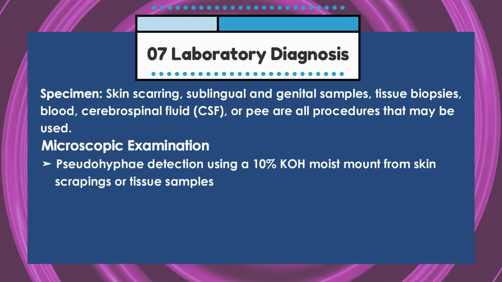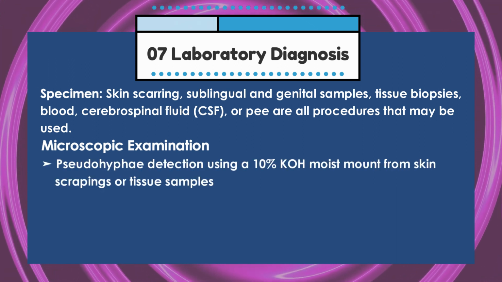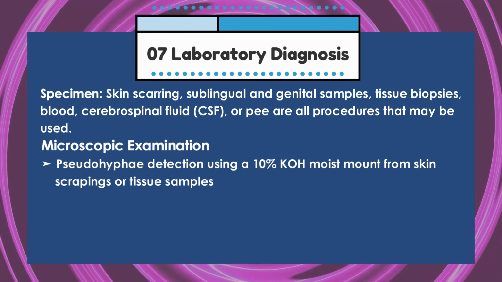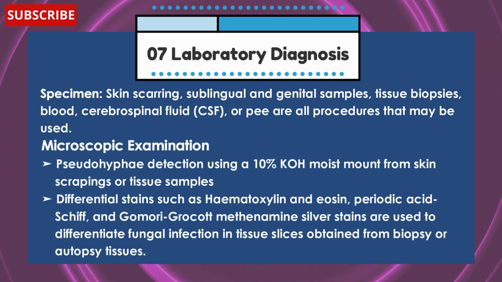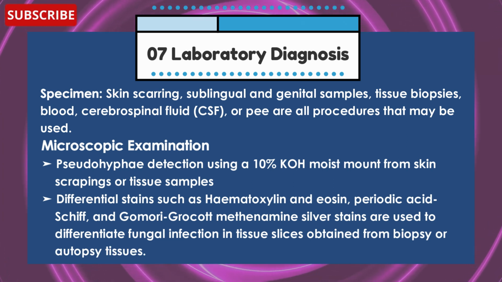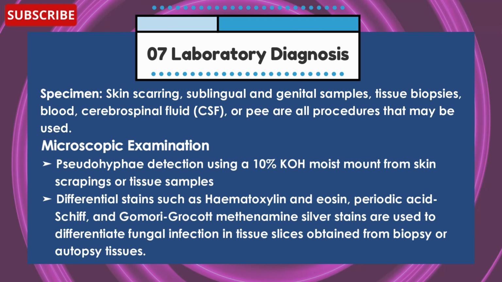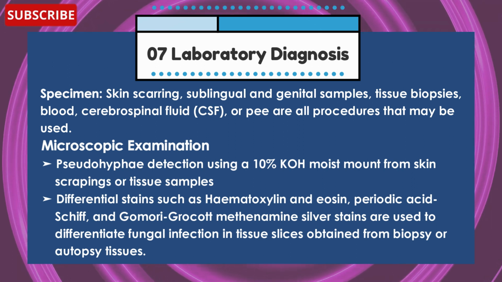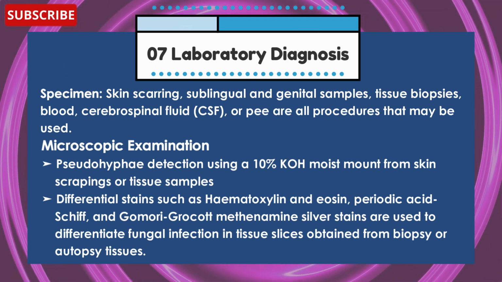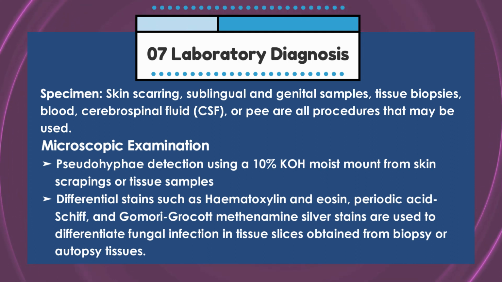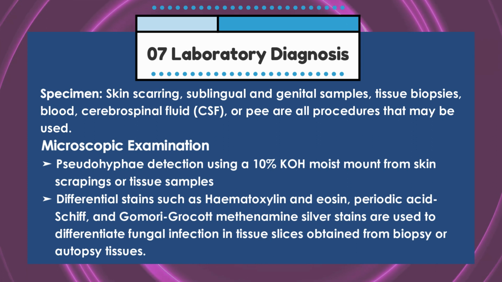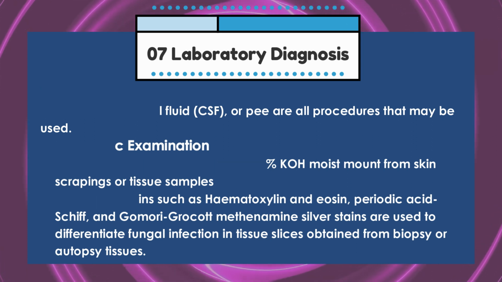Pseudohyphae detection using a 10% potassium hydroxide wet mount from skin scrapings or tissue samples. Differential stains such as hematoxylin and eosin, periodic acid-Schiff, and Gomori methenamine silver stains are used to differentiate fungal infection in tissue slices obtained from biopsy or autopsy tissues.